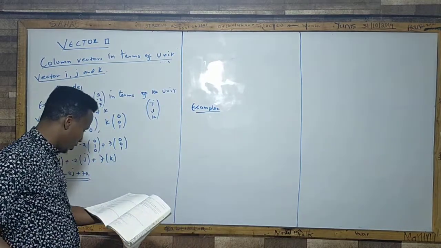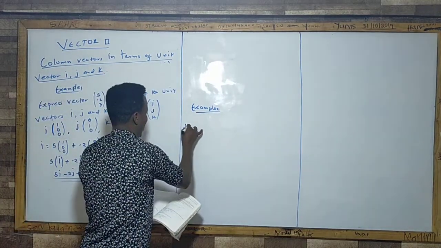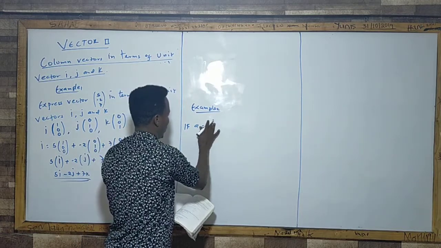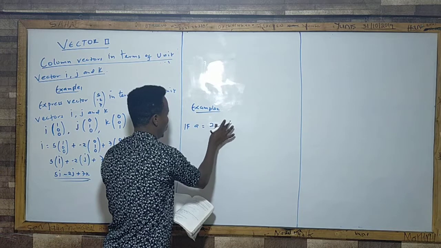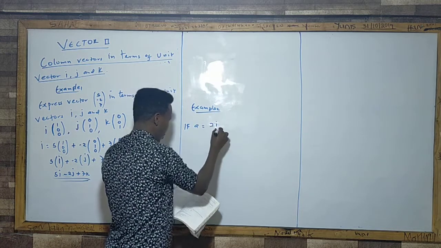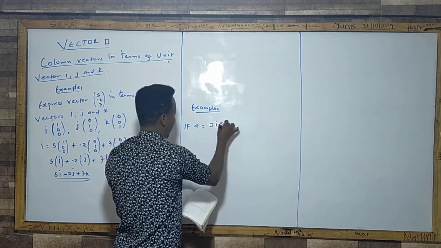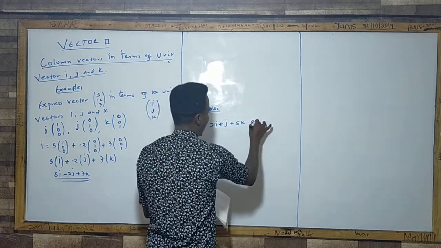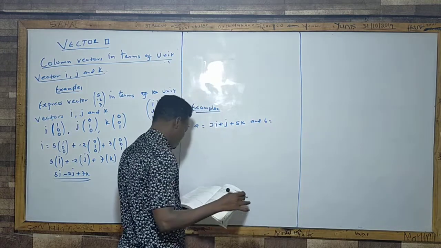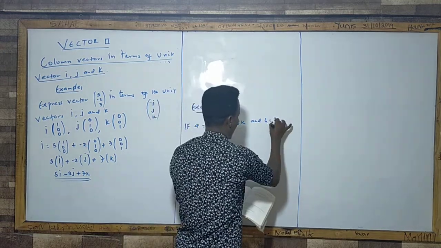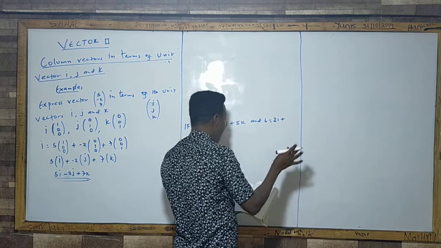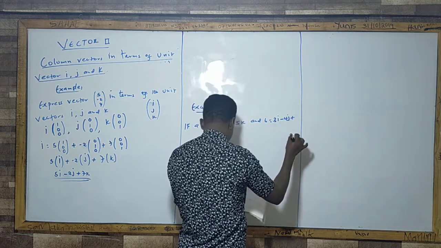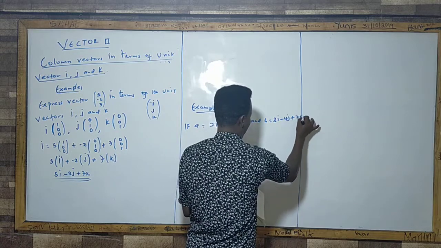Let's see this one. You are told if A is equal to 2i plus j plus 5k, and B is equal to 3i minus, not plus here, sorry, minus 4j plus 7k.